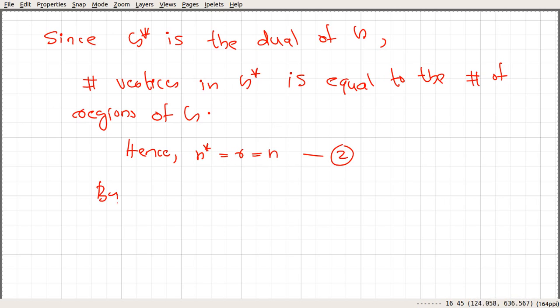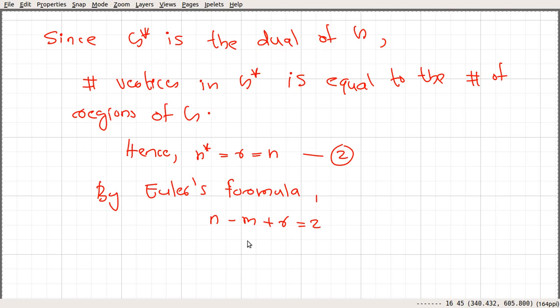So by Euler's formula, we have n minus m plus R equal to 2, and by 2 we have R is equal to n.